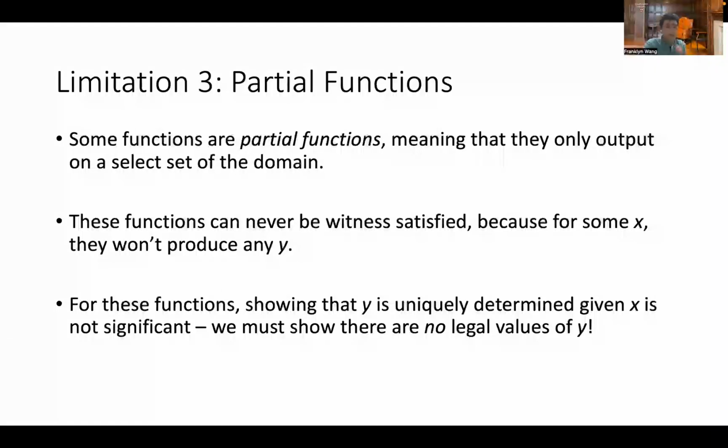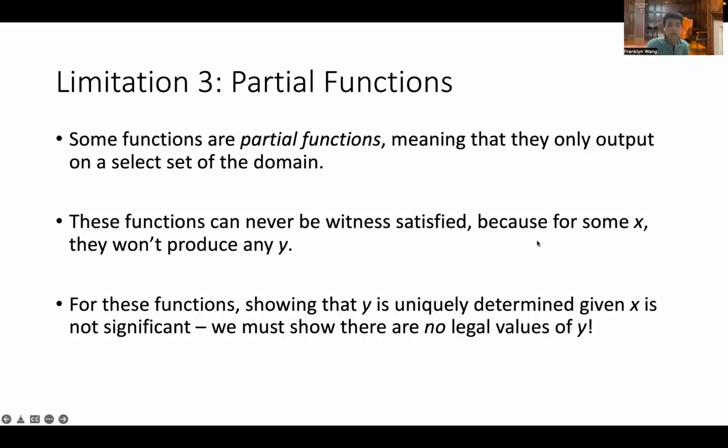So now let me talk about limitation 3, which is perhaps the most mysterious one of these, and that's called partial functions. Some functions are called partial functions, and this means that they only output things on a select subset of the domain. For example, if you have the square root function and you took the domain to be all reals, the square root of -1 is not a real number.